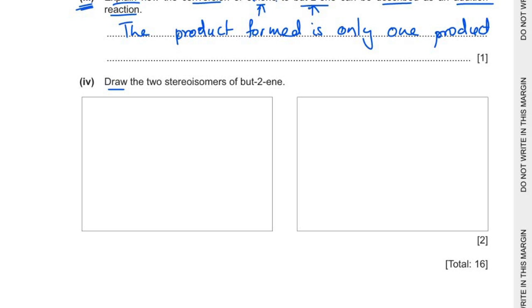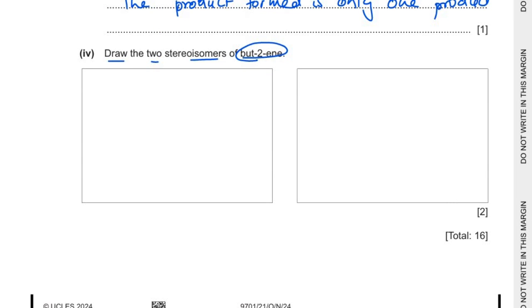Now it says draw the 2 stereoisomers of butene. Now let's first understand what butene is. First I'll draw the structure of butene in a simple way. The 2 in but-2-ene means on the second carbon you have a double bond. So yes, between the second and third carbon we have a double bond.